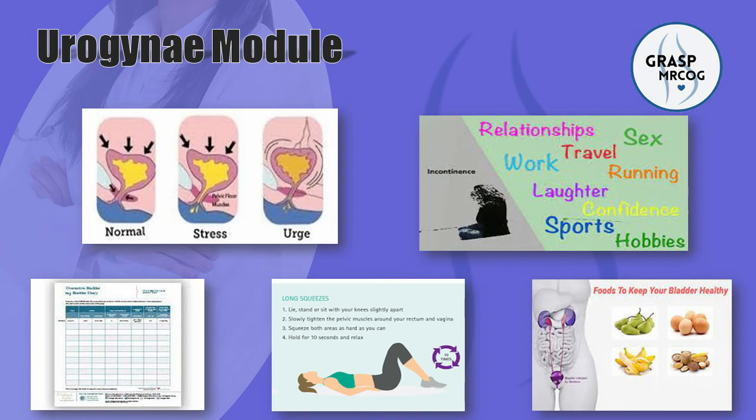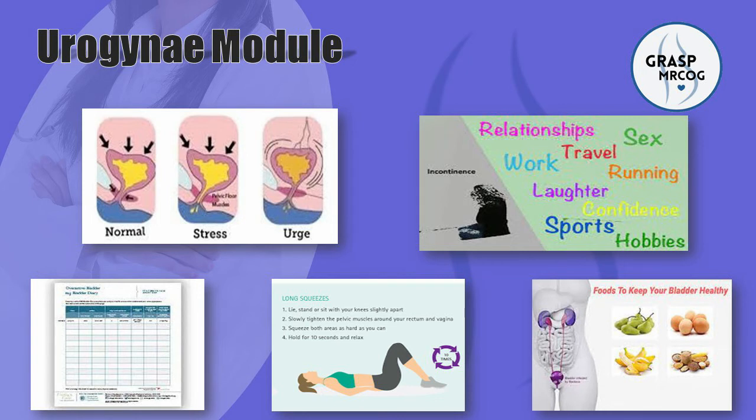Okay, so coming to the investigations, talking about the bladder diary, you will tell her that it is a record of the bladder habits or the drinking habits, and about your urinary frequency and leaking.